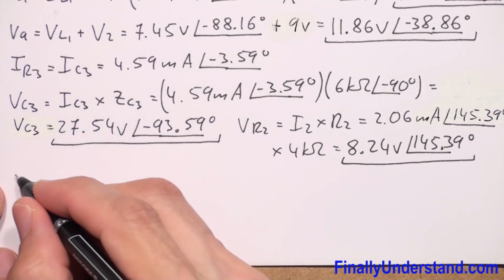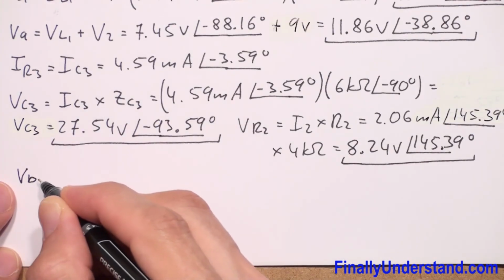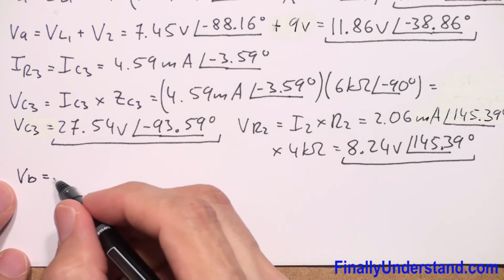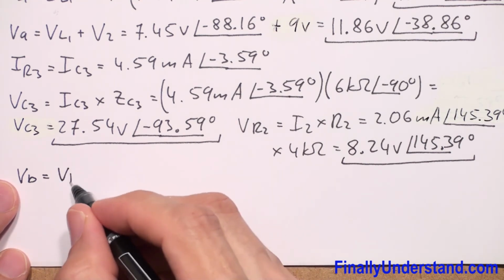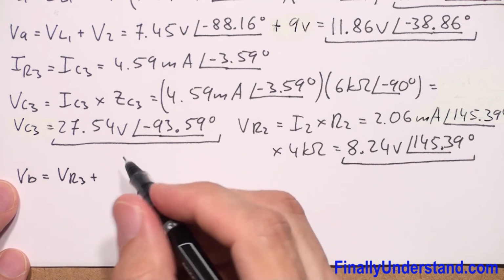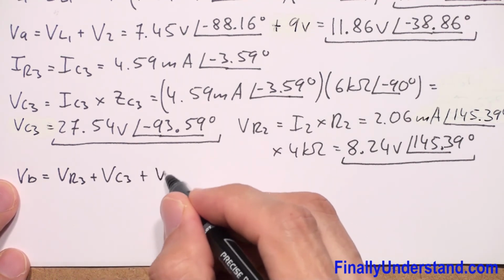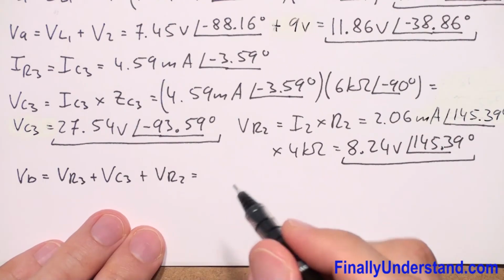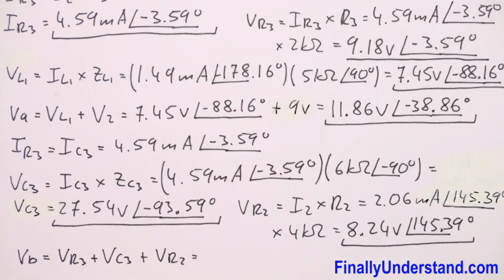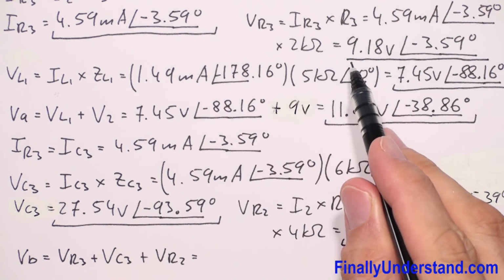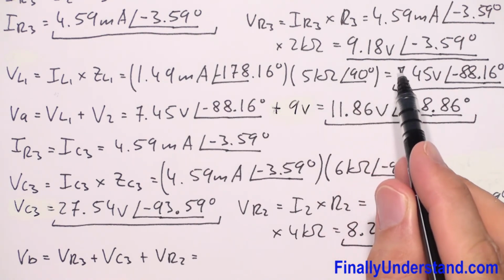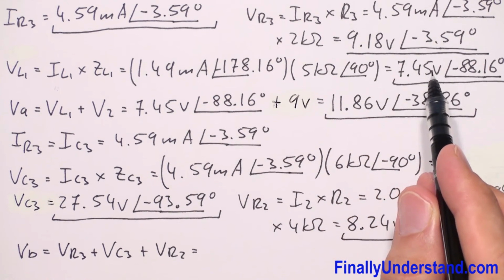So VB is equal to VR3 plus VC3 plus VR2. VR3 we found is equal to 9.18 volts and angle of negative 3.59 degrees.